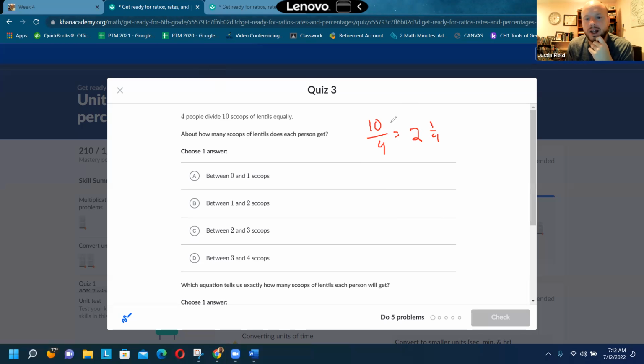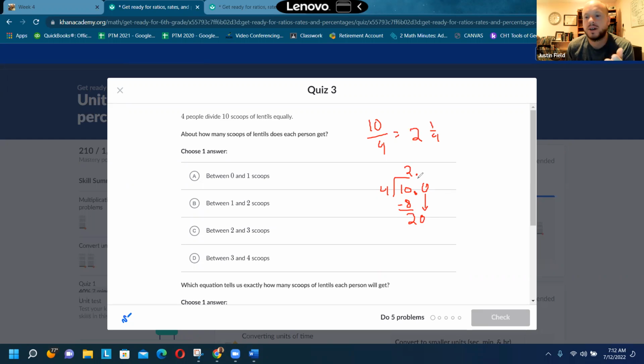So how did I do that? If we do 4 into 10, 4 goes into 10 2 times. 2 times 4 is 8. Subtract and you get 2. Now, if you don't want a remainder of 2, you add a 0 and bring down the 0. And then 4 goes into 20.